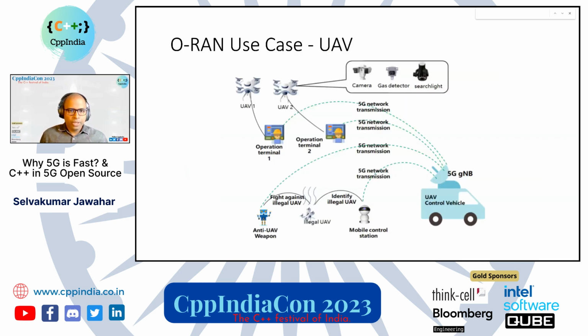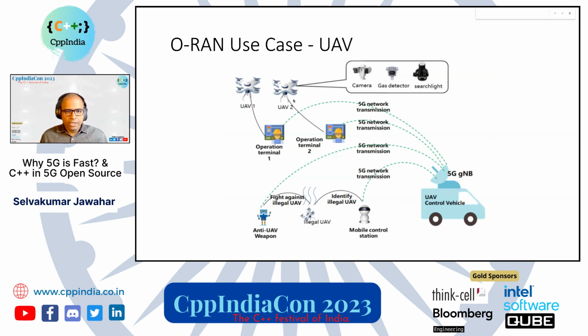So here is a RAN use case. We'll quickly go through. So here you have two UAVs, which have some cameras, which are probably manning a boundary for security applications or defense applications.